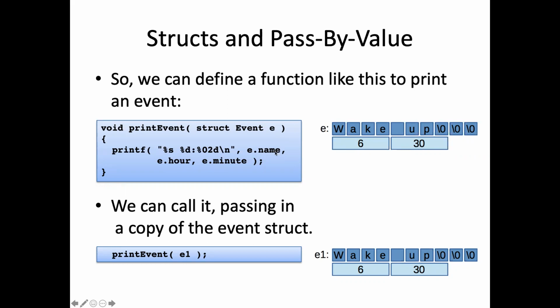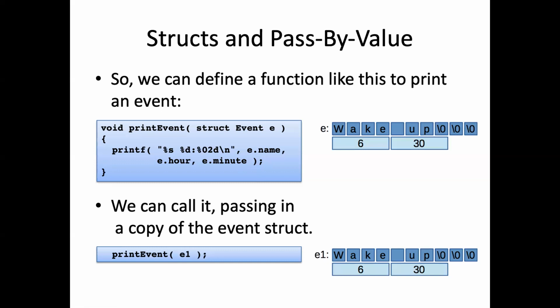Inside that function, you can access its fields. You could even change them. And then when the function terminates, the caller still has their struct unchanged because the function was just working with a copy. So unless you say otherwise, structs give you pass by value automatically.